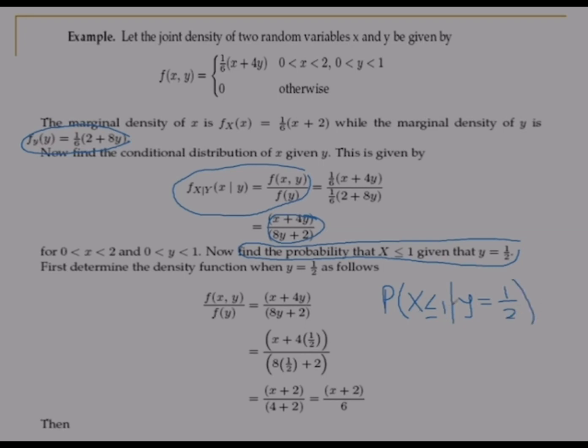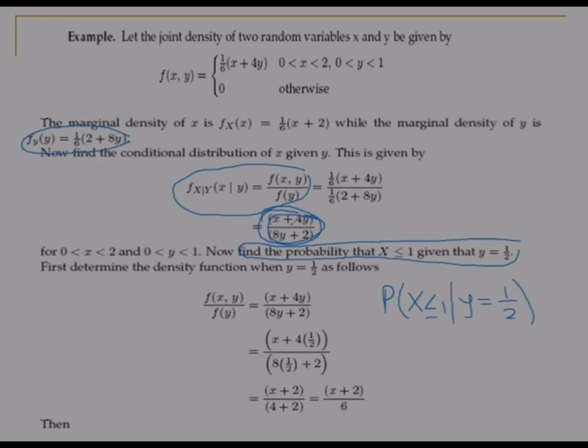What you actually want to do here is first derive the f of x given y. Don't forget, this is the probability of x less or equal to 1 given y equal to half. So you need to first get this. We've gotten this guy now, right? So you now need to plug in y equal to half.